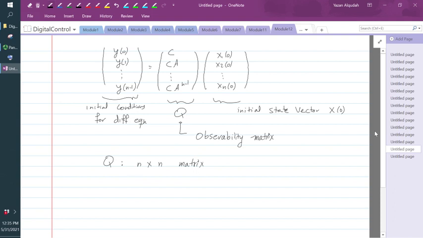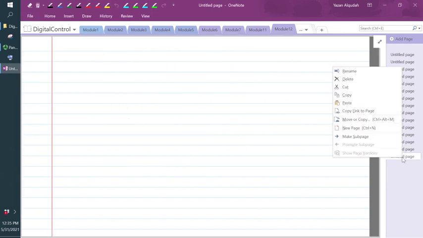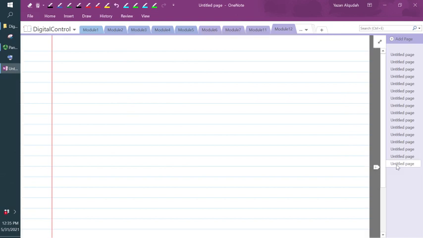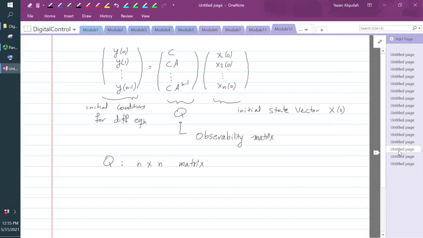In this case, if the determinant of Q is not equal to 0, then we say the system is observable.